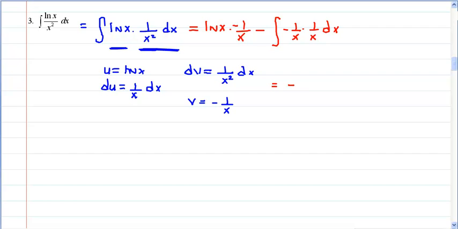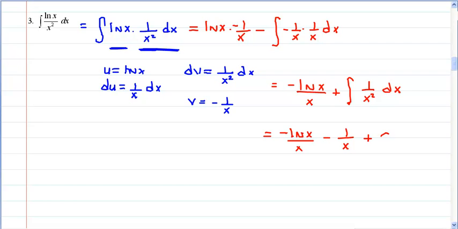And then I can write this as negative natural log of x over x, and the two negatives change to positive 1 over x squared dx. And now this integral is something that is easy to integrate, which means that integration by parts worked. And when I integrate this, I'm left with negative 1 over x, and since this is an indefinite integral, I want to add c.